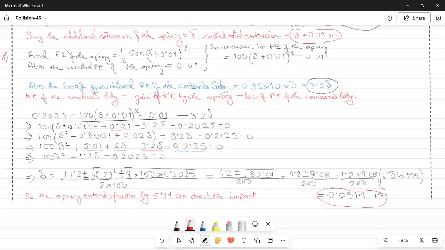Then what is the total extension of the spring? It was already extended by 1 centimeter.